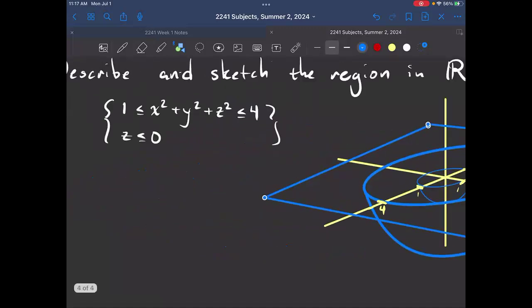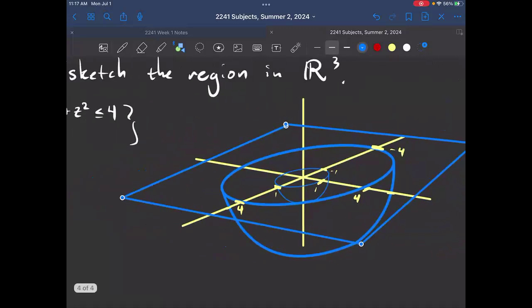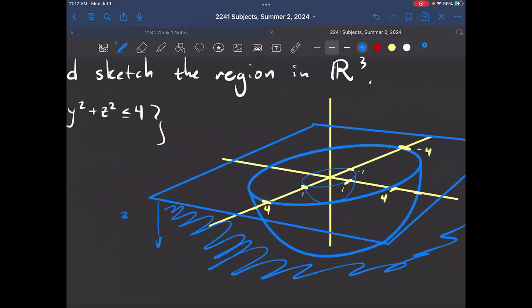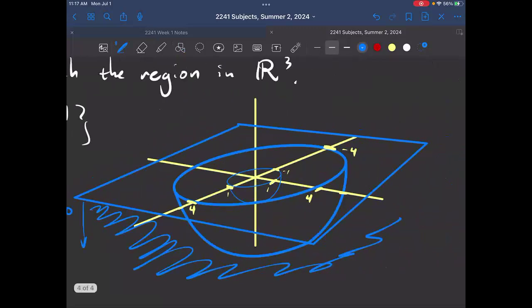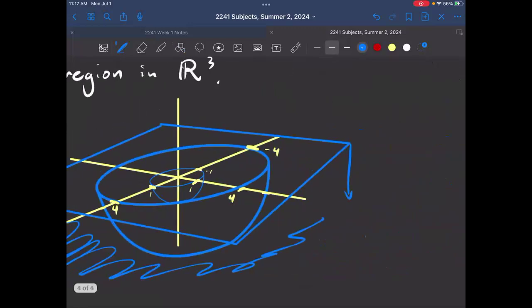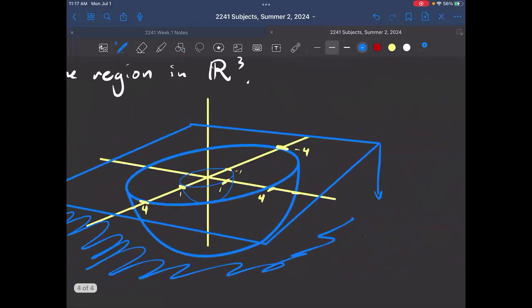So now it says z less than or equal to 0, which means I want all of the points underneath this space. So everything down, and everything on that plane, that's the z equals 0 part.